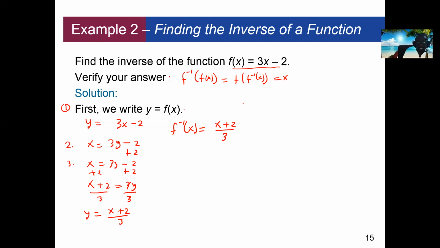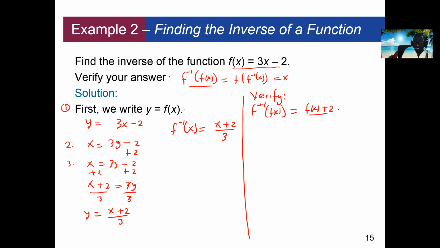Now let us verify this. If we verify, let's do each of them. First, f inverse composed with f of x. Okay, so the inverse function is x plus 2 divided by 3. So where we see x, we plug in the whole f of x.